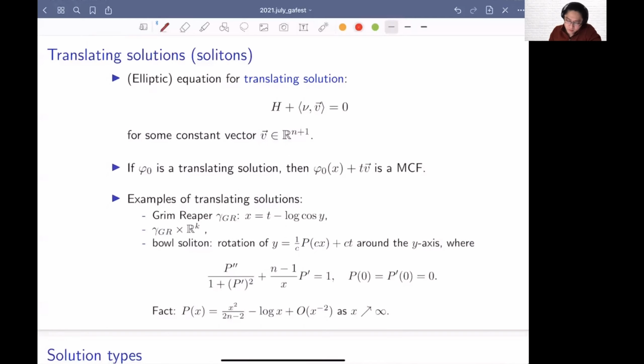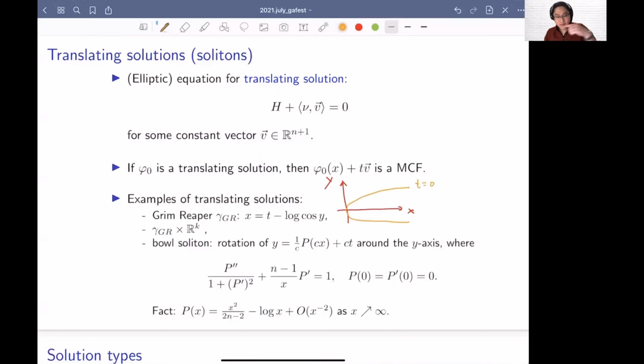So what are some examples? Well, the first example is the so-called Grim Reaper. It's a curve in R2. And let's say this is the time t equal to 0 slice. So asymptotically, it's approaching two parallel lines.